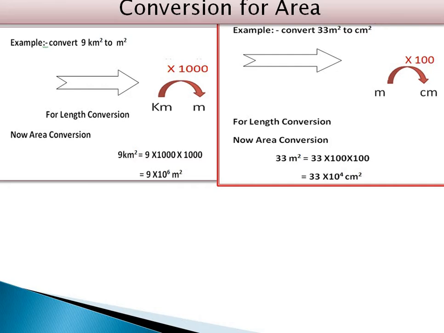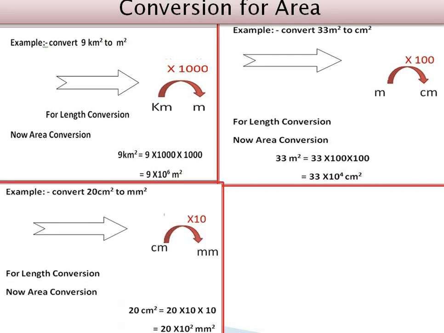Similarly, if you want to convert a 33 meter square area into centimeter square, we know that meter is 100 centimeter. So 33 meter square is 33 into 100 centimeter into 100 centimeter. It is 33 into 100 into 100, which is 33 into 10 to power 4 centimeter square.